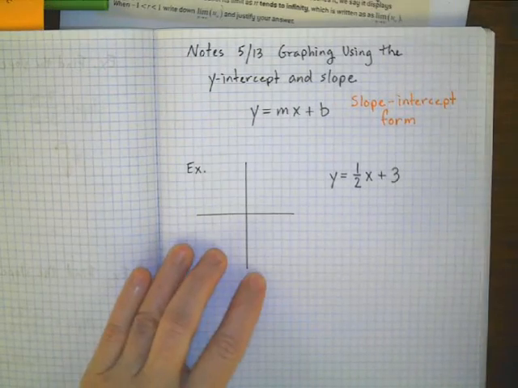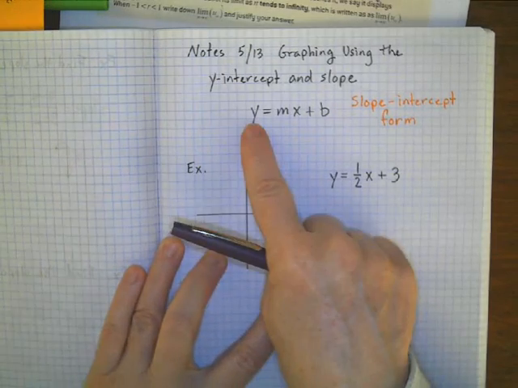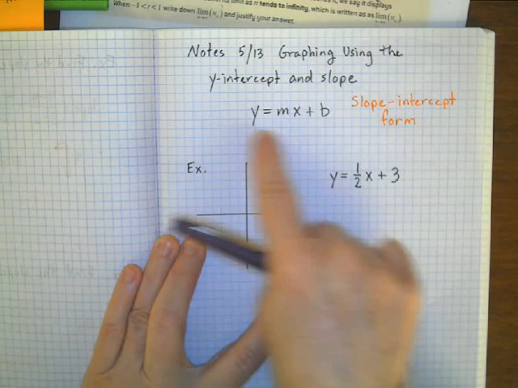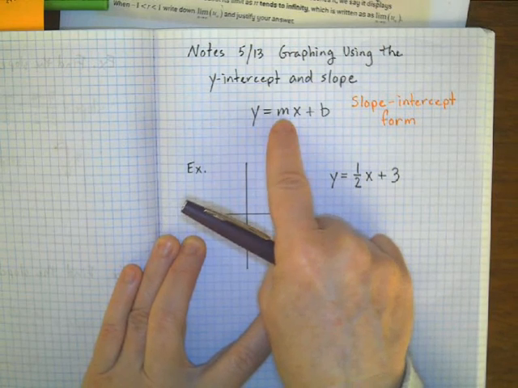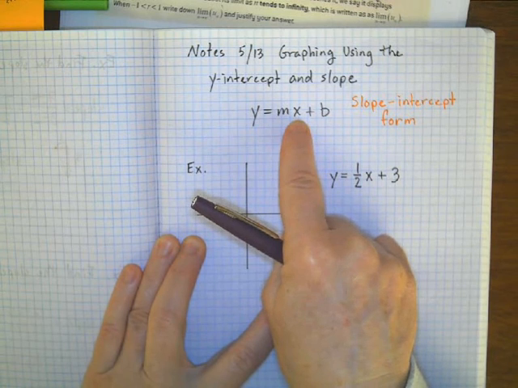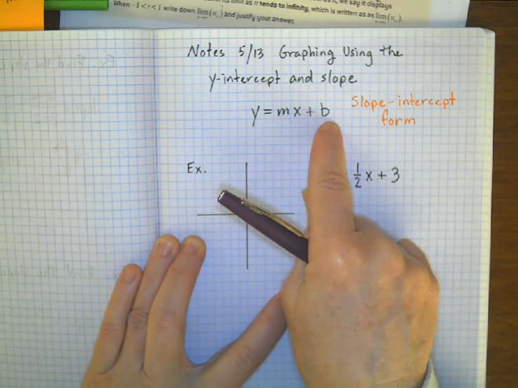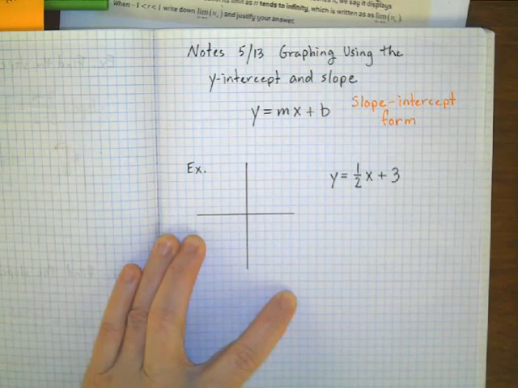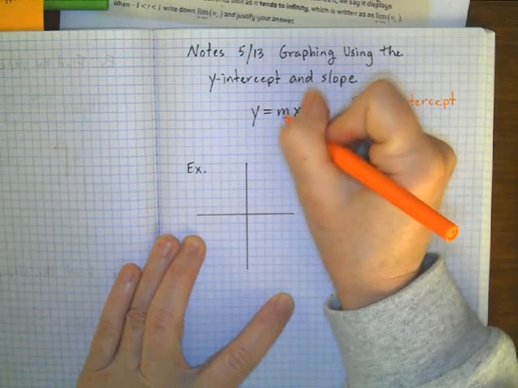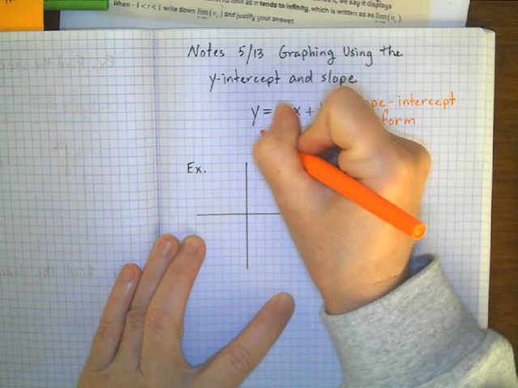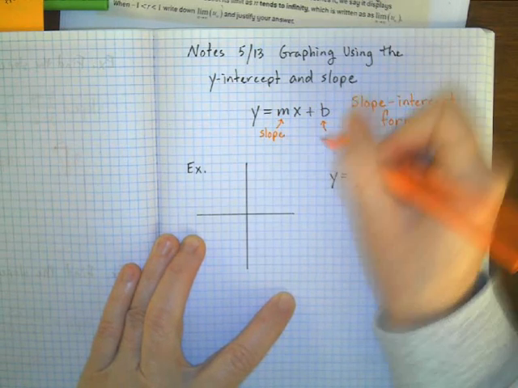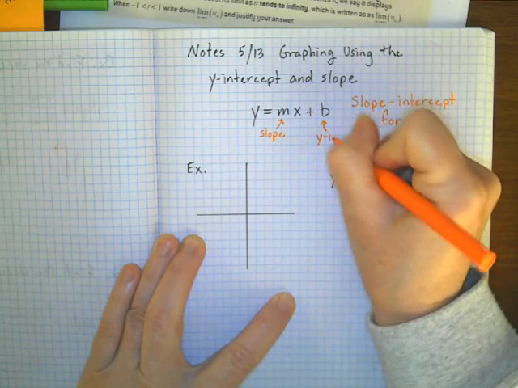First of all, just like the warm-up, you have to write your equation in this order: y equals slope times x plus b, the letter we use for the y-intercept. The m is our slope, and the letter b is our y-intercept.